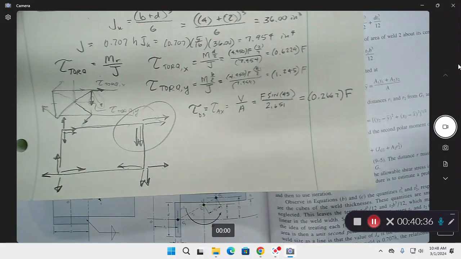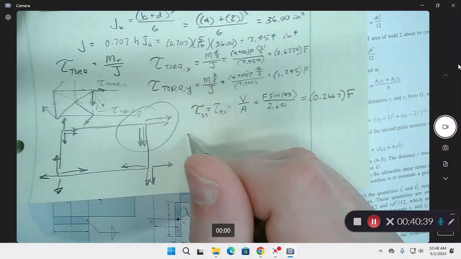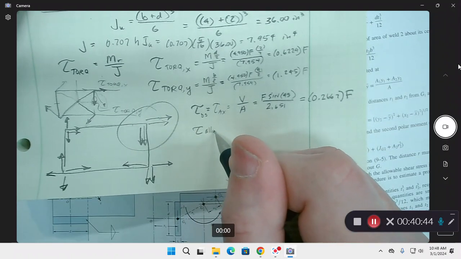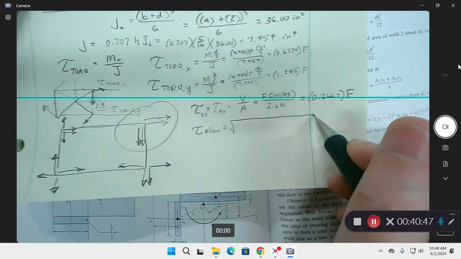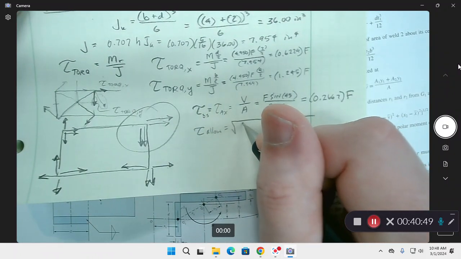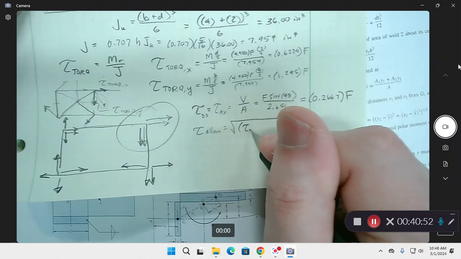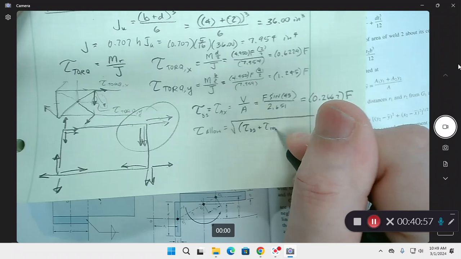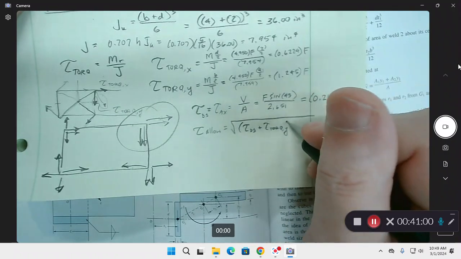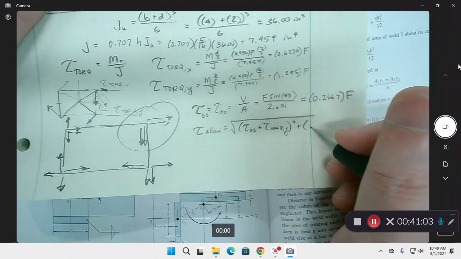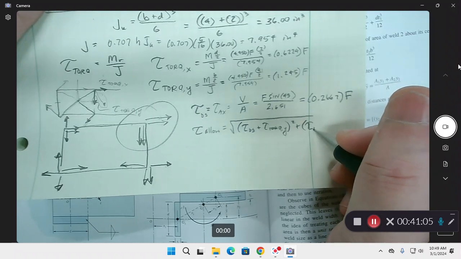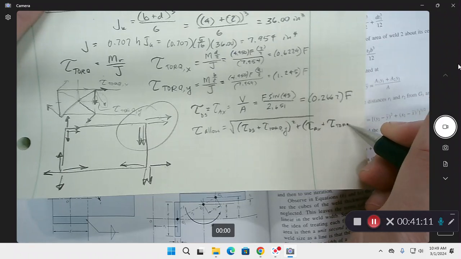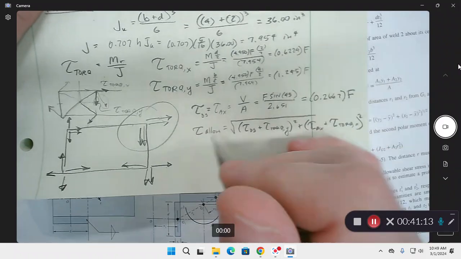And now we're ready for the combination, which is limited to tau allow. It can only be equal to the square root of tau direct shear plus tau torque y, squared, plus tau torque x, for lack of a better name, squared, right?